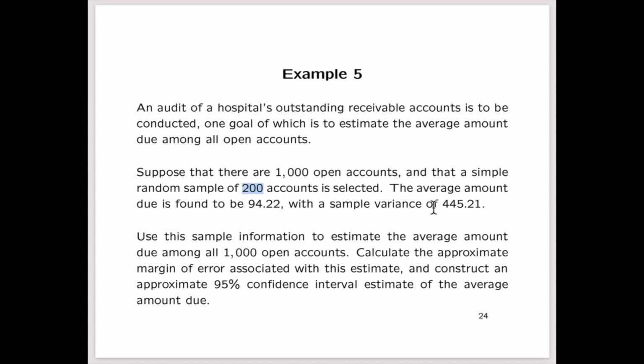Now, the average amount due in the sample was found to be $94.22 with a sample variance of 445.21. Okay, so use this sample information to estimate the average amount due among all 1,000 open accounts. Calculate the approximate margin of error associated with this estimate, and then construct an approximate 95% confidence interval estimate of the average amount due.